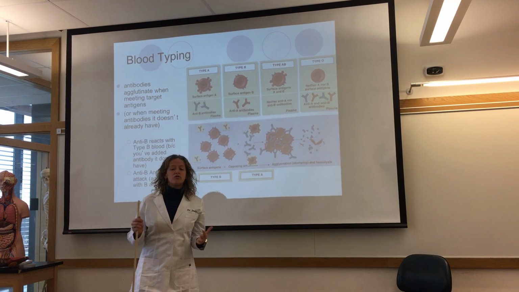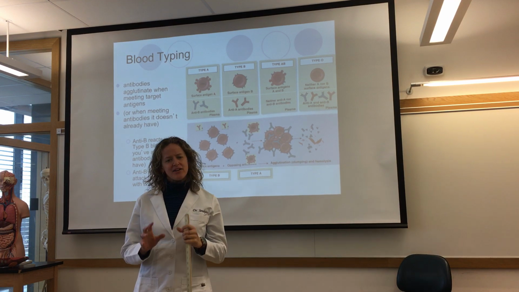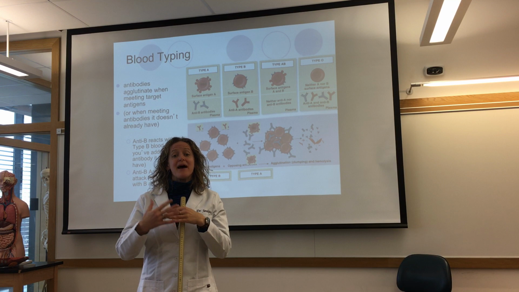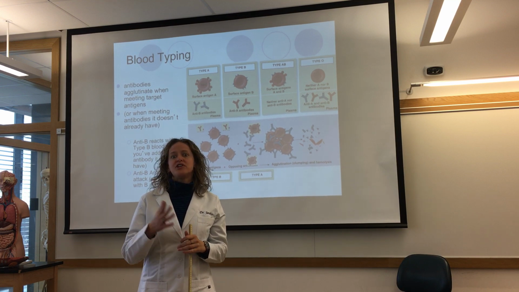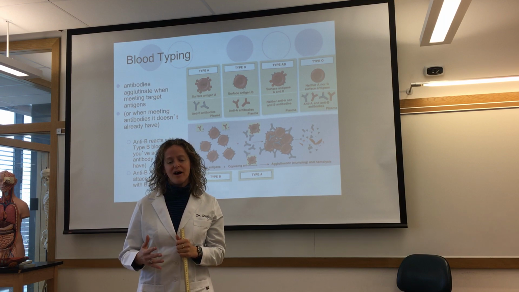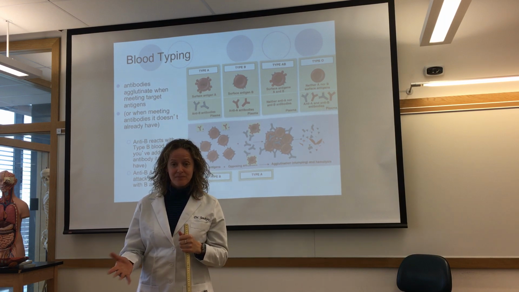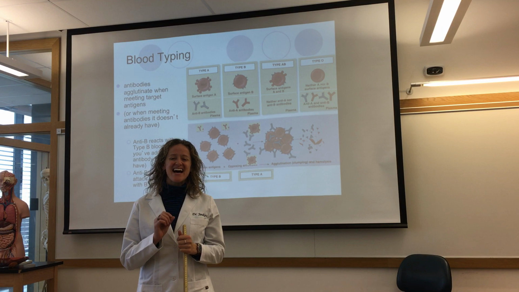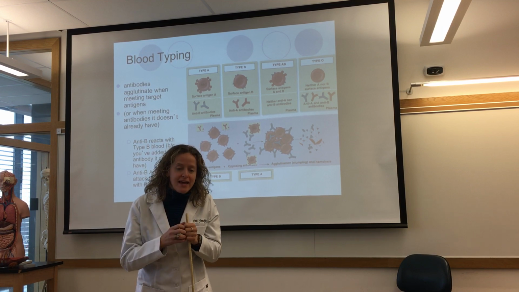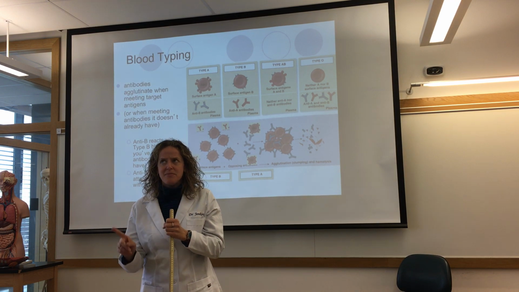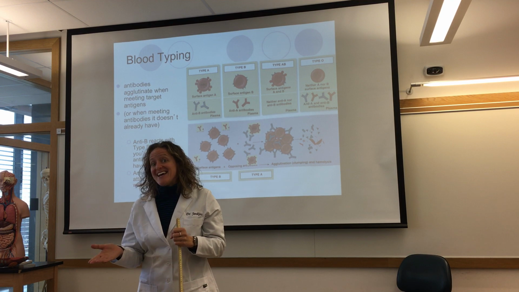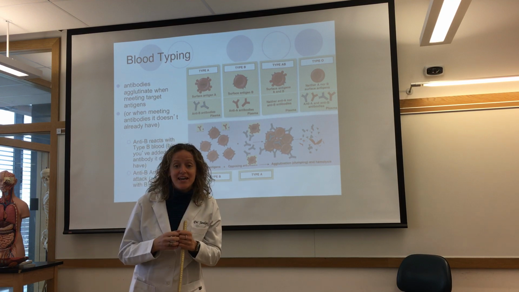So you may know this already, but antibodies can only attach and work on things that it matches. So for the chickenpox example I gave, the only antibody that can work against the chickenpox is a chickenpox antibody. In this case, the anti-B antibody is only going to be able to fit into a B antigen. The anti-B antibody can only fit into the B antigen. An anti-A antibody can only fit into an A antigen.